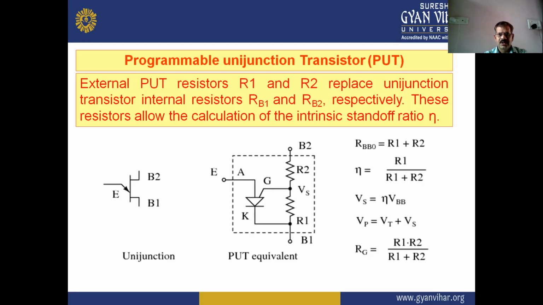And here RBB equals R1 plus R2 from the PUT equivalent circuit diagram, and the intrinsic standoff ratio eta equals R1 upon R1 plus R2, and VS, the source voltage, equals eta VBB, and peak voltage equals VT plus VS. So RG, the gate resistance, equals R1 into R2 upon R1 plus R2.